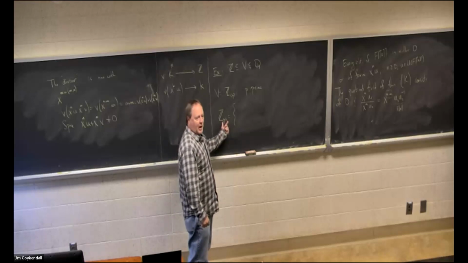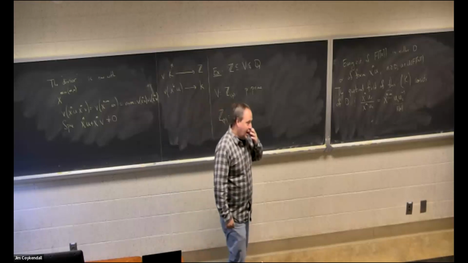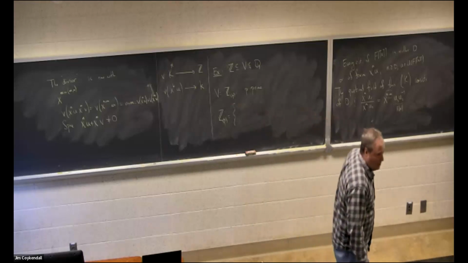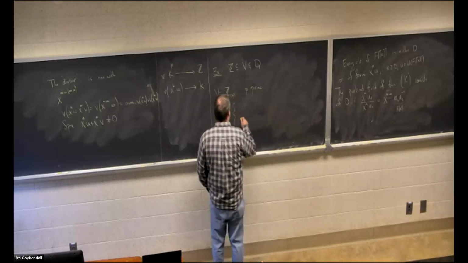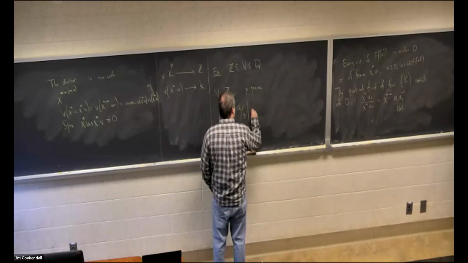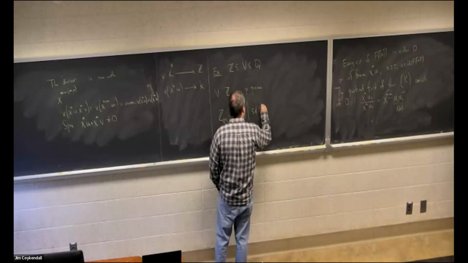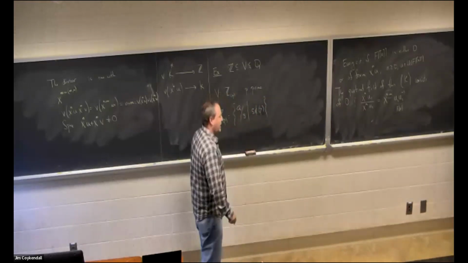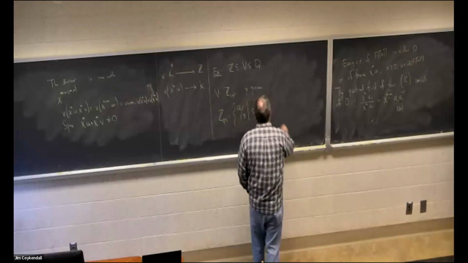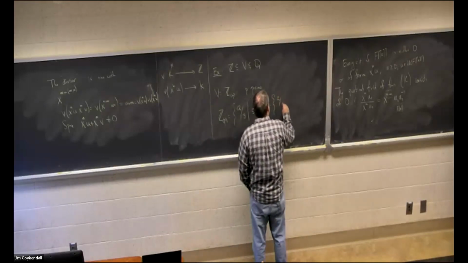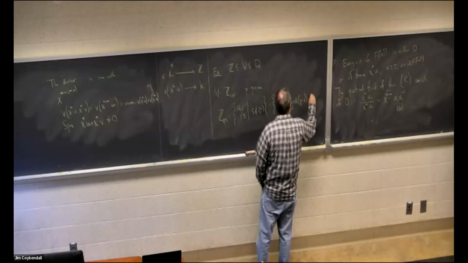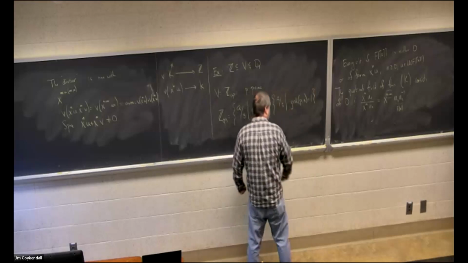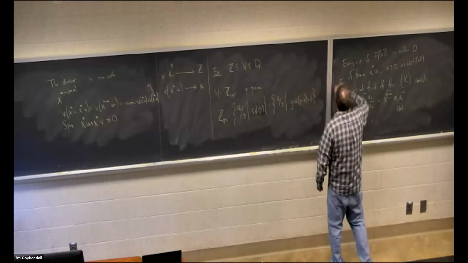Z localized at this prime ideal doesn't mean I'm taking fractions with the denominator in the prime ideal; it means I take the fractions whose denominator is not in P. So these are fractions A over S, where S is not in P. This is actually a valuation domain too.